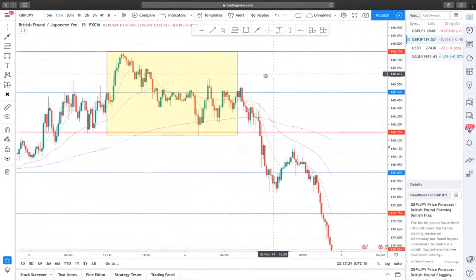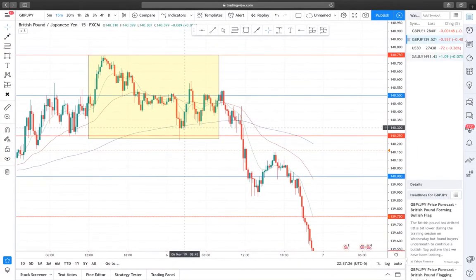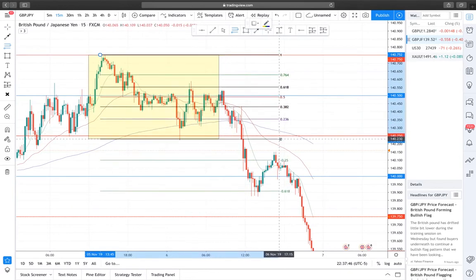Look at this. What do we have in this box at this QP? What we have in this box is basically a lot more rejections at this QP. Basically telling you this thing doesn't want to go up, man. So look at this. We could have ridden Fibonacci from here to here.